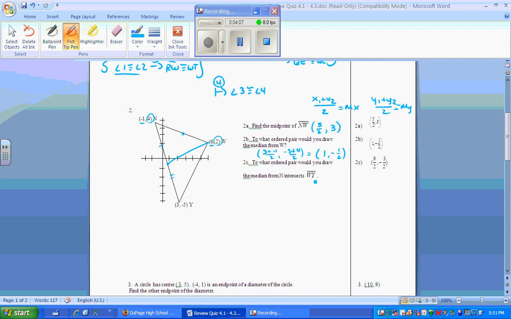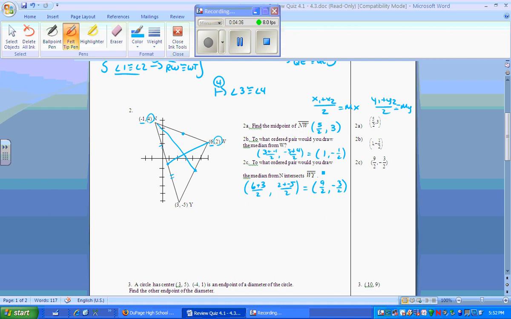C, what ordered pair would you draw the median from N intersecting WY? Do the same thing again, using these two points this time. We got 6 plus 3 divided by 2, and 2 plus negative 5 divided by 2, simplifying to 9/2 and negative 3/2.